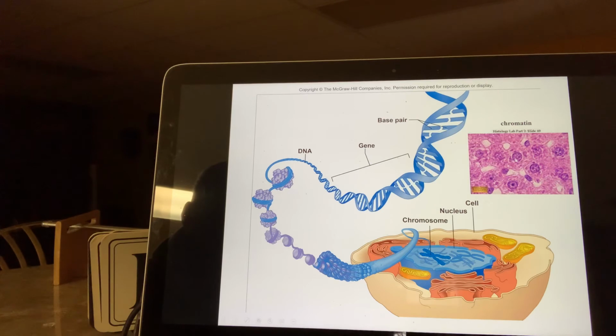Chromatin is that uncomplexed or unpulled together DNA, so that the DNA can be utilized to unzip in certain areas, making messenger RNAs, allowing proteins to be produced that the cell has directed the DNA to make.